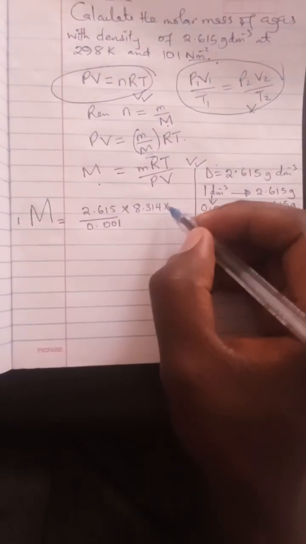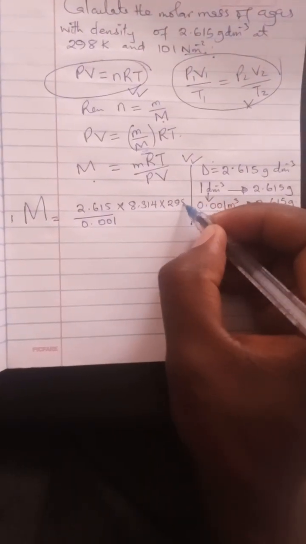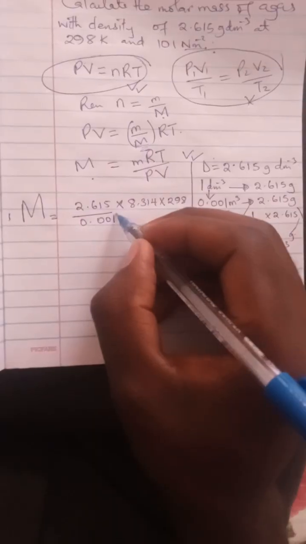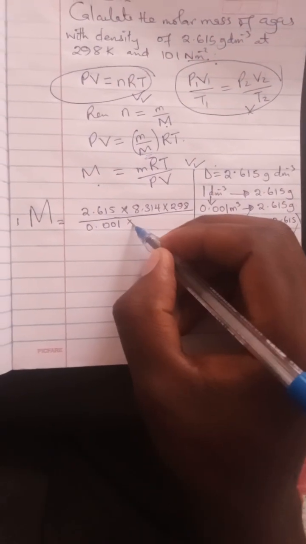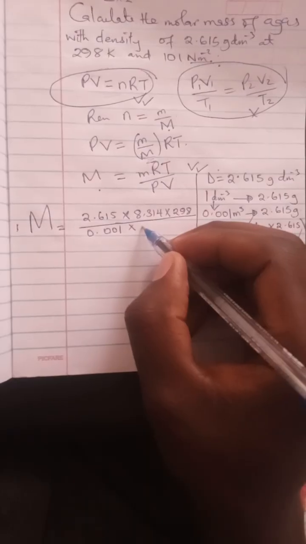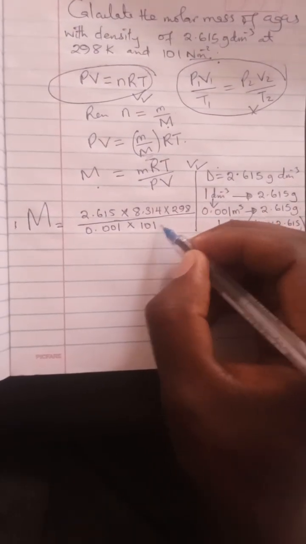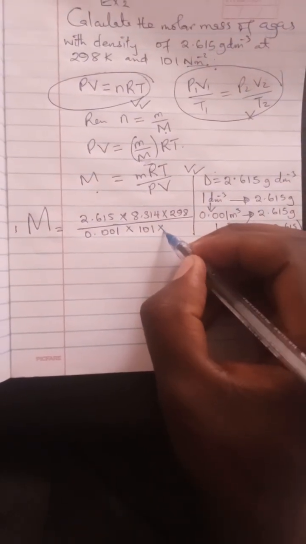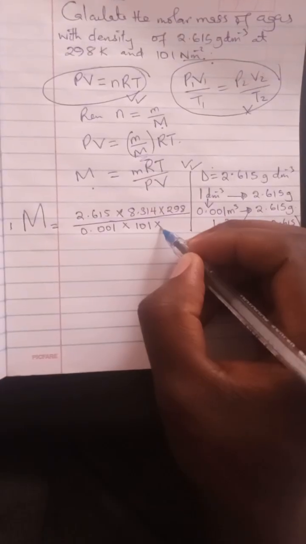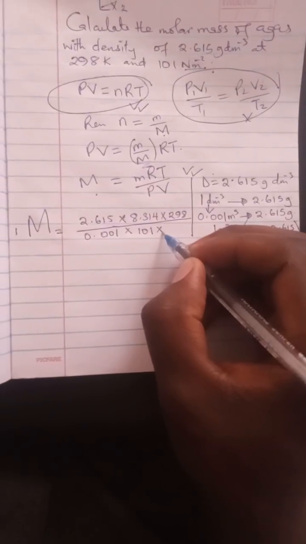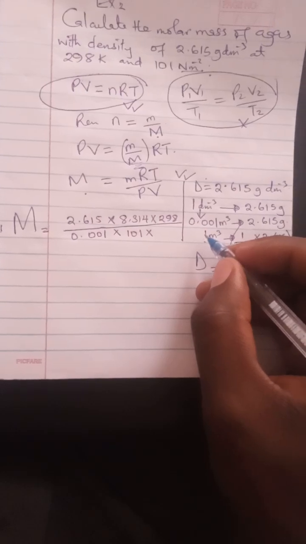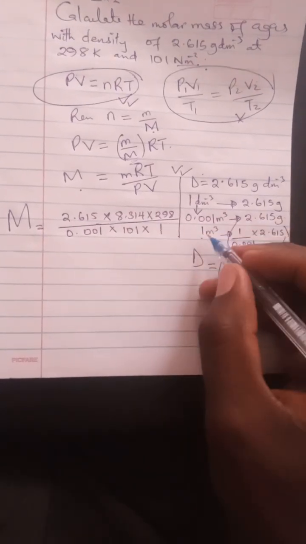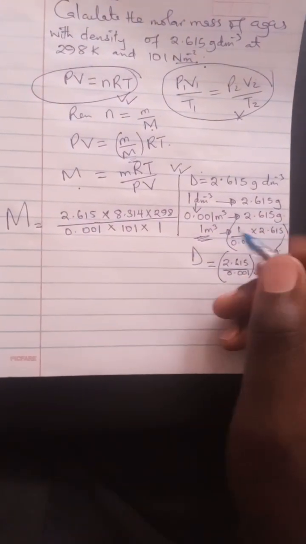Then temperature has to be in Kelvin, which is 298. Then everything divided by the pressure, which is given as 101, times the volume provided. The volume, of course, is one for every cubic meter.